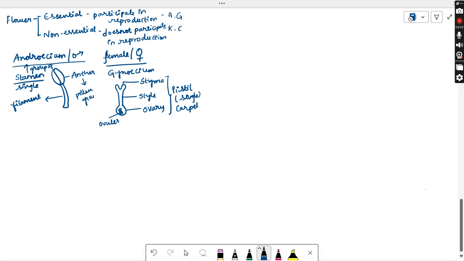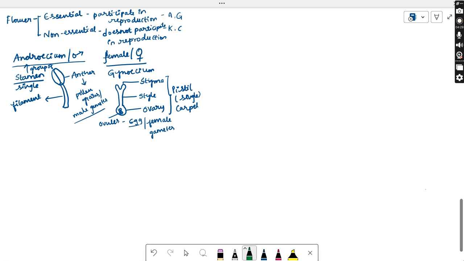These pollen grains are the male gametes, which help in fertilization by fusing with the female gamete, the egg cell. For the production of male and female gametes, these structures are useful and participate in reproduction, so we consider them the essential parts of the flower.